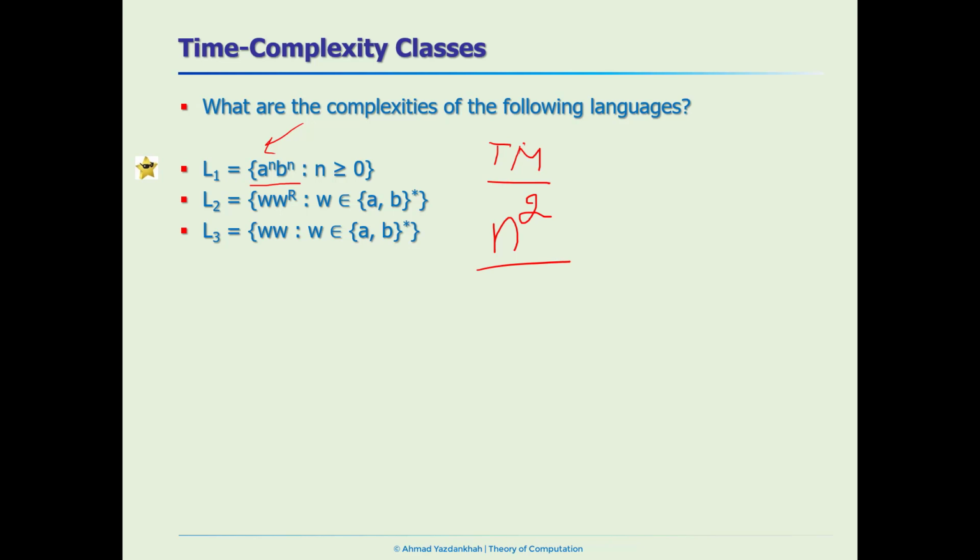And it's almost the same thing for the WWR and WW. So it means that D time n is not enough. So we would need more classes, right?